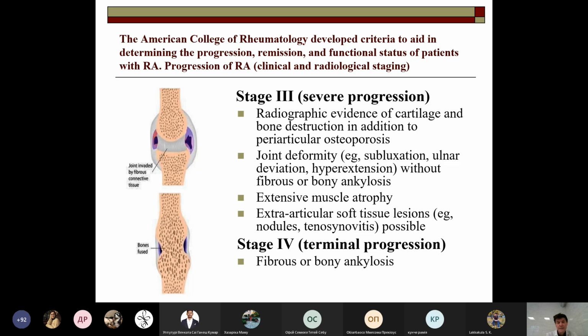Starting with stage 3, and of course stage 4, the terminal progression stage, there is no great possibility to improve the functionality of these patients, and our target is to improve quality of life only. Stage 4 is closely associated with the occurrence of fibrosis and bony ankylosis, without any perspective of improvement.